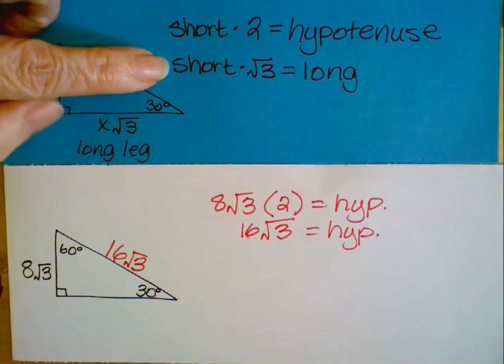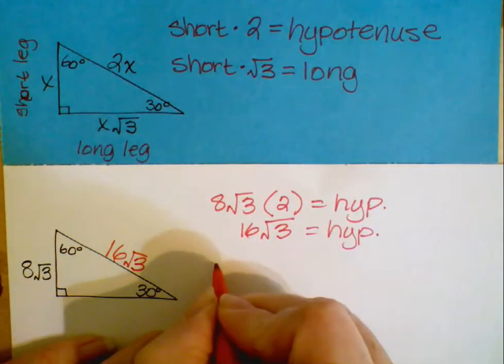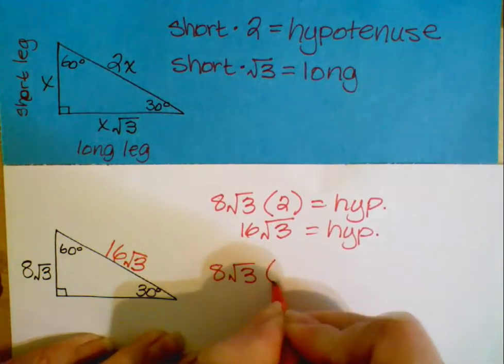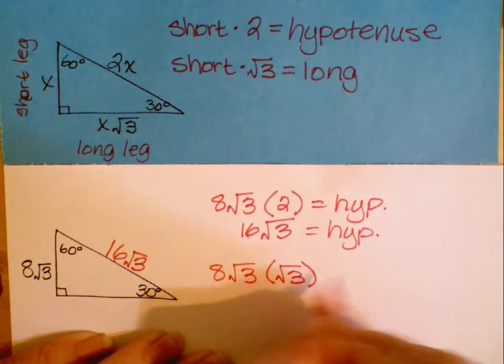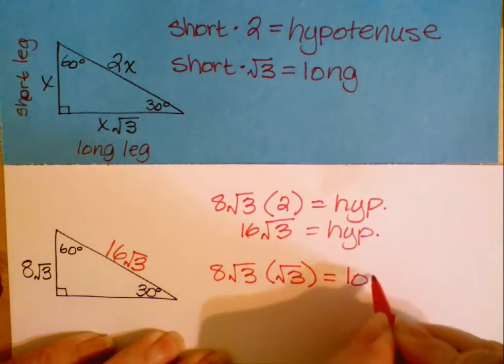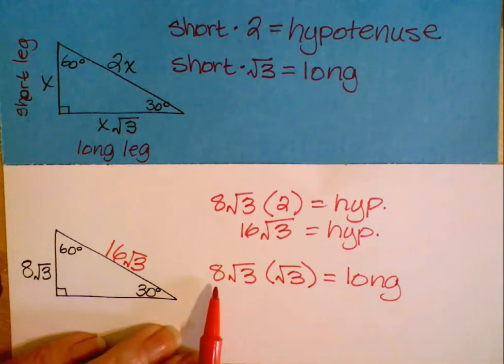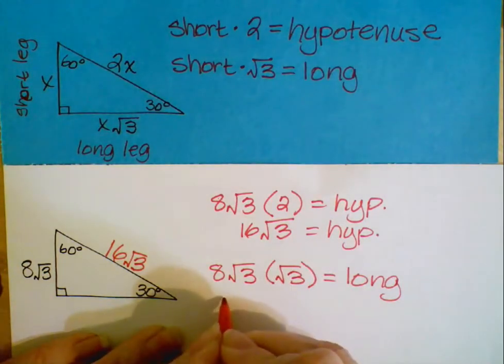Okay, now let's go to this second equation. Multiply the length of the shorter leg times the square root of 3 to produce the length of the longer leg. So here we take this short side, 8 root 3, multiply by the square root of 3, and that should give us the length of the longer leg. Okay, so here the 8 is unaffected by this radical 3, so that stays an 8.